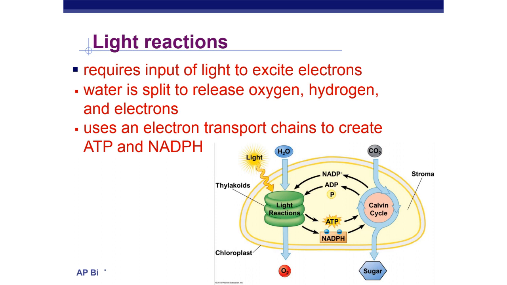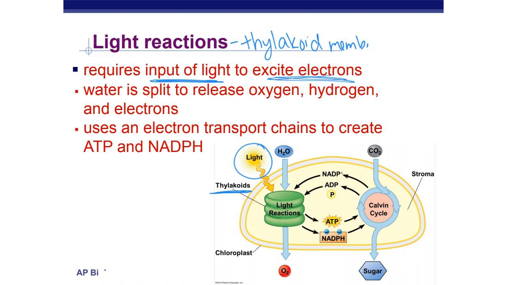Okay, so these light reactions, they're going to occur on those thylakoid membranes. So the light reactions, you can see the input of light is coming in, and they require those thylakoid membranes. So they require the input of light, and what will happen is the input of light is going to excite electrons.